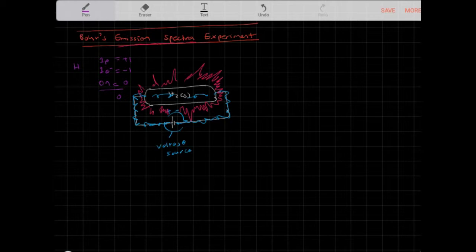And what Bohr stated was that species, elements, contain different energy levels.